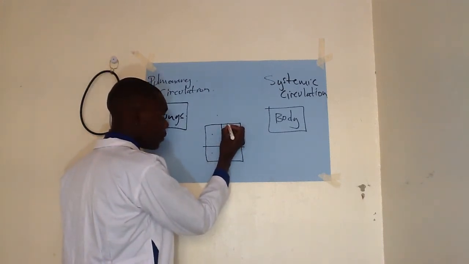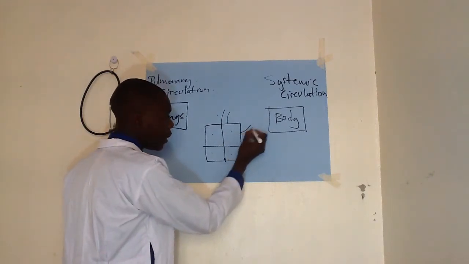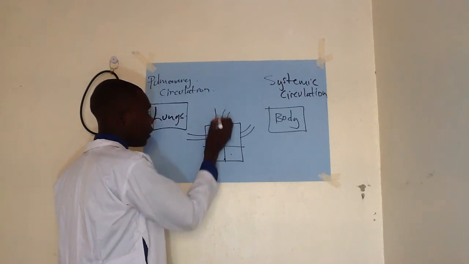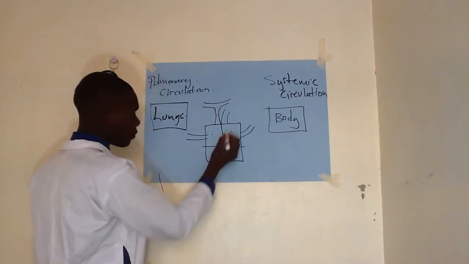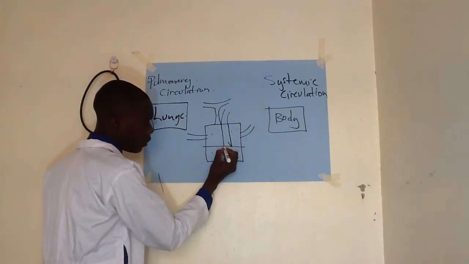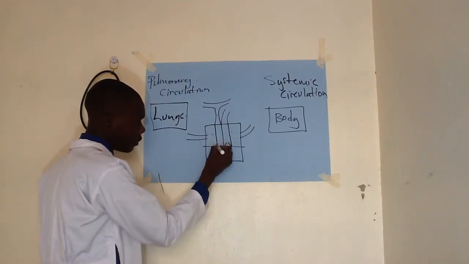So here we have a blood vessel leaving. Here we have a blood vessel bringing in. Here we have a blood vessel bringing in. Here we have a blood vessel leaving, which is actually dividing into 2. So these are our valves. Here we have such.